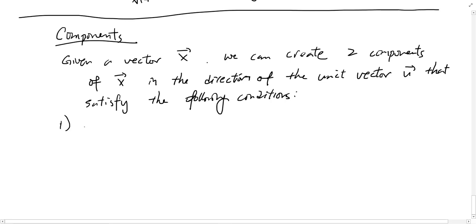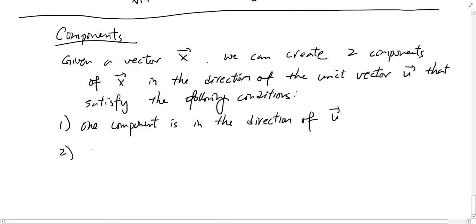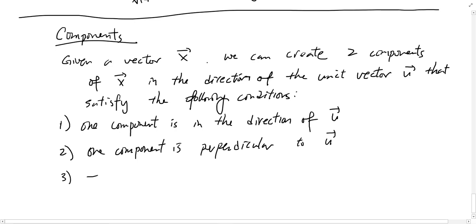Number one, one of the components is in the direction of vector u. And number two, the remaining component is perpendicular to the direction u.